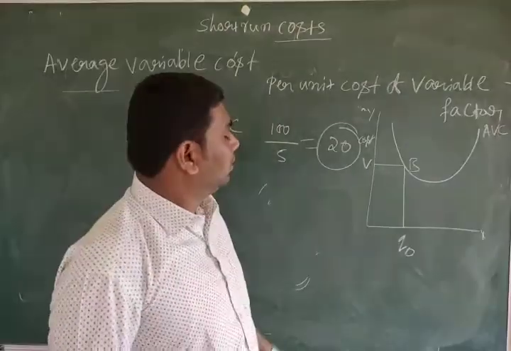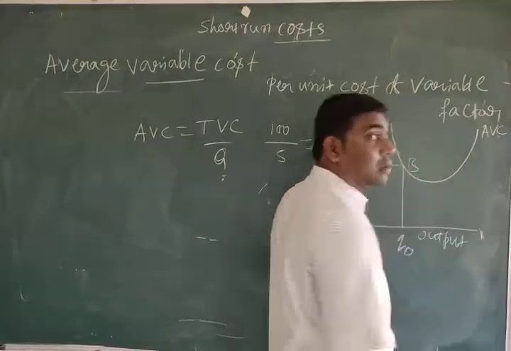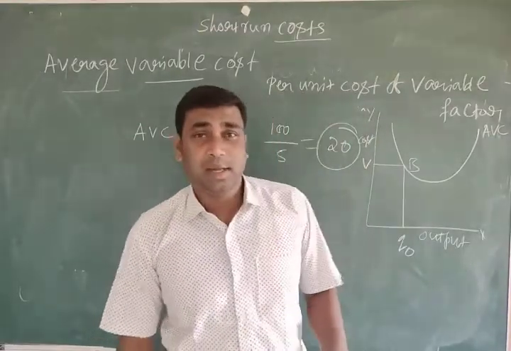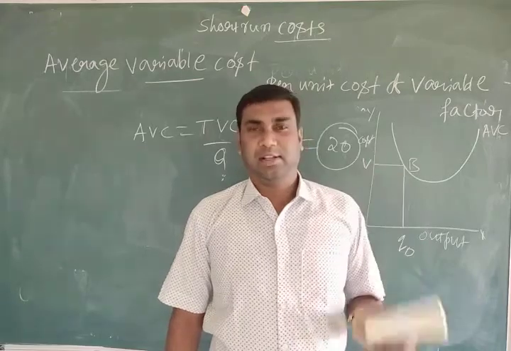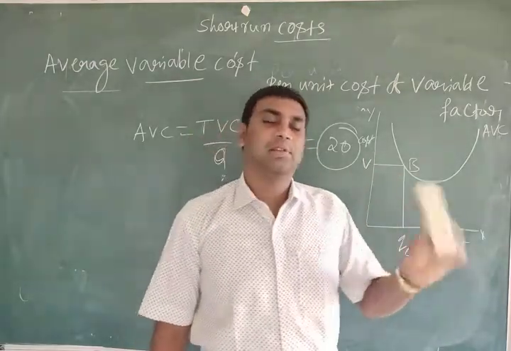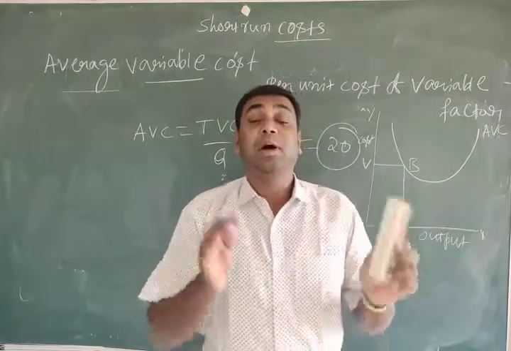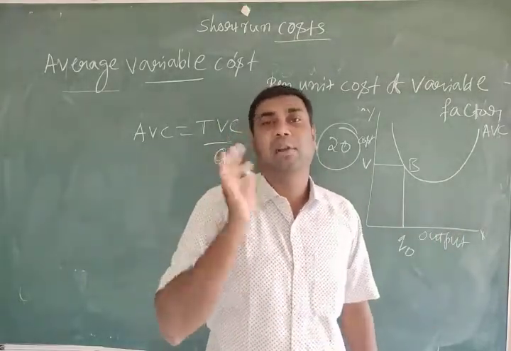So this is output. Simple. AFC is nothing but cost per unit of fixed factor, or per unit cost of fixed factor. AVC is per unit cost of variable factor.